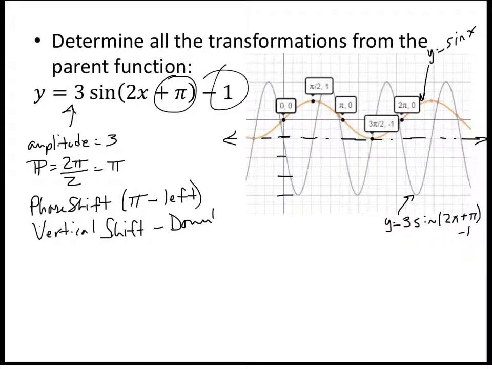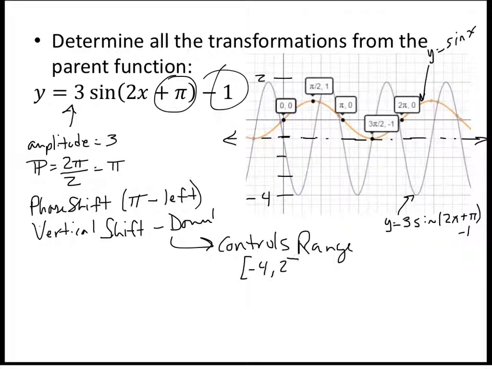But really, this vertical shift is what controls my function's range. Since it's -1, we're going from -4 to +2, so my range goes from -4 to +2 inclusive, okay? My domain is still all real numbers. And so that gives the full picture of how to actually graph this.